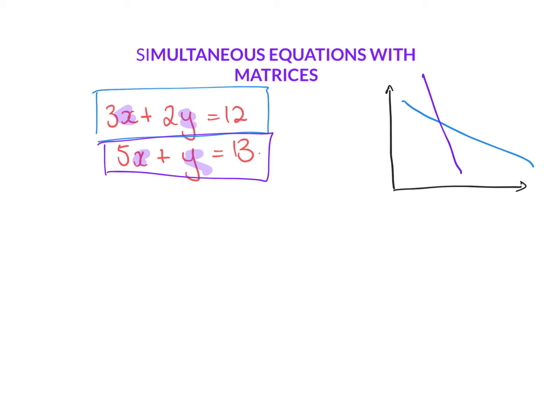If you graphed it on an axis with y and x, you don't need to worry too much about that. That's what it could be. When you're solving them simultaneously, what you're finding is the solution. It would have an x value and a y value, at the spot where those two equations are equal. So that's what simultaneous equations are, and that's what we're trying to solve.